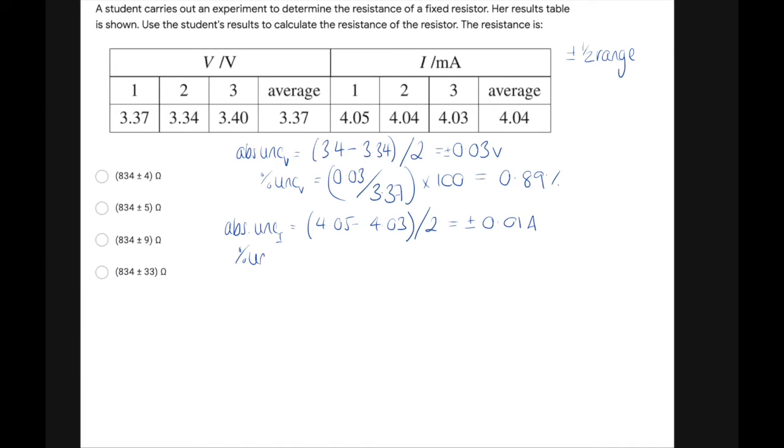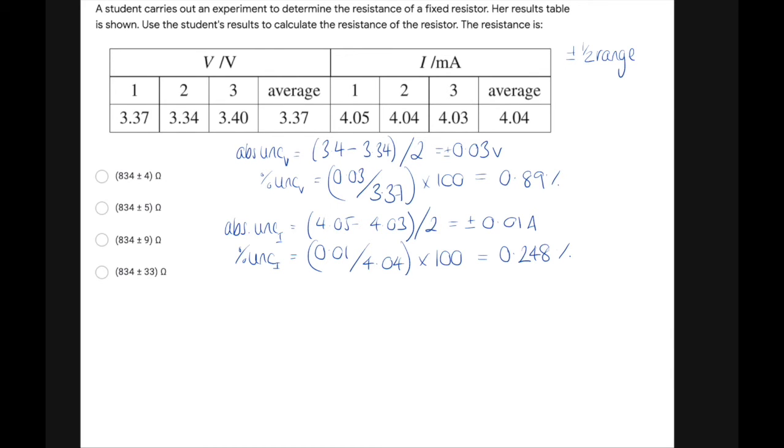Our percentage uncertainty in I is then 0.01 divided by 4.04, and again we can omit the times 10 to the minus 3 because they're both in milliamps. We multiply that by 100, giving a percentage uncertainty of 0.248%.